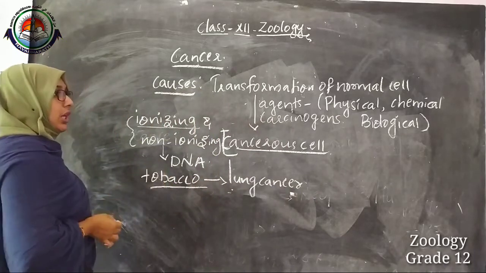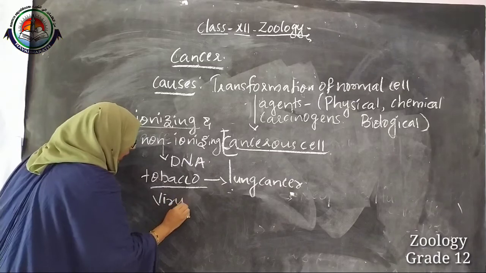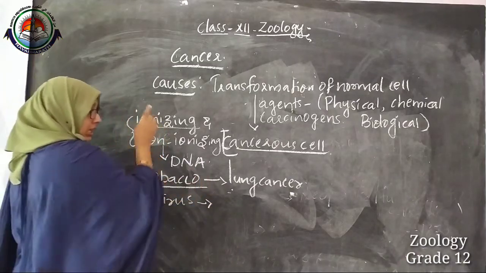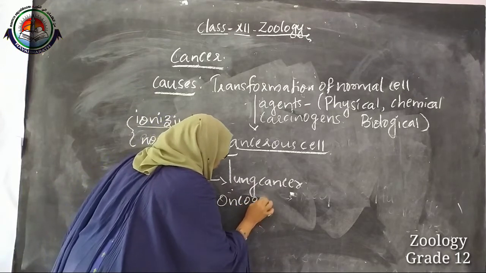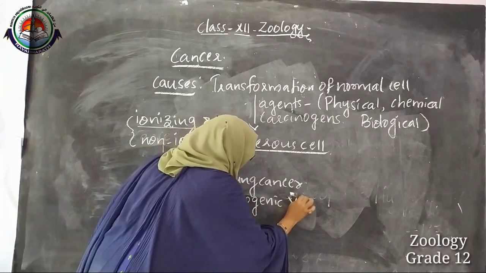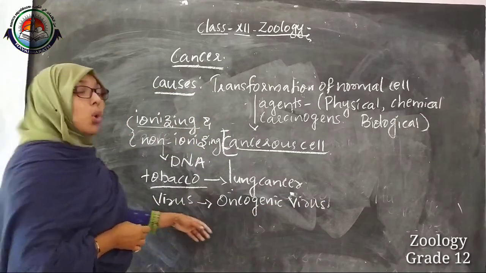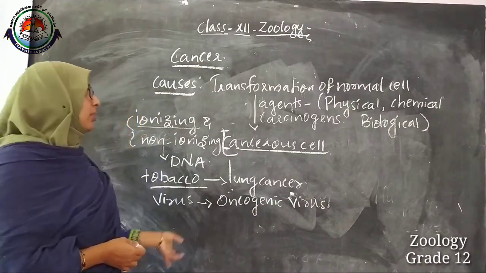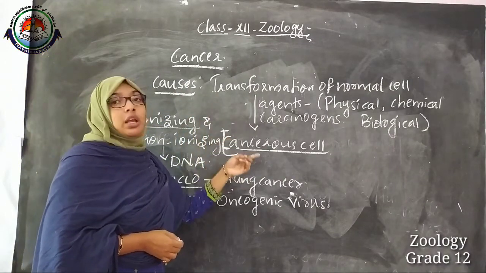Again, biological agents include certain viruses. The viruses which cause cancer are known as oncogenic viruses. They contain genes known as oncogenes, which are responsible for the transformation of normal cells into cancerous cells.